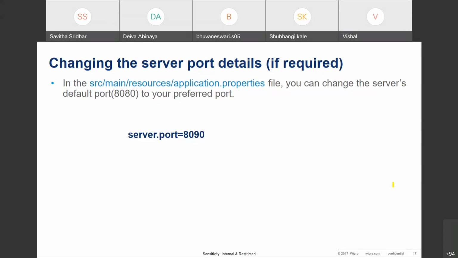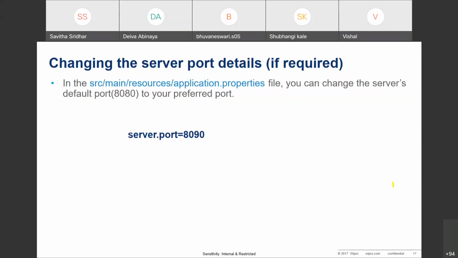Correct, 8080. But in case I want to reconfigure it and I want to change the port number, maybe on my machine I don't have port 8080 free. I'm running something else on port 8080. So obviously, when your app runs, it will fail because it is expecting to run on 8080.